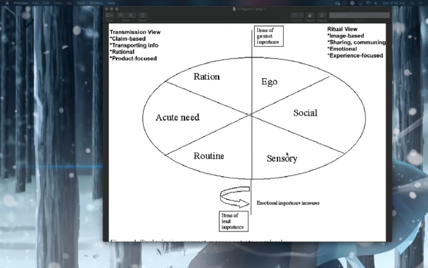The last one I want to talk about is sensory. And this comes up quite a bit when we're talking about advertising in terms of making something look good. And this can be any sense. You can have advertisements where you see something that looks really good.